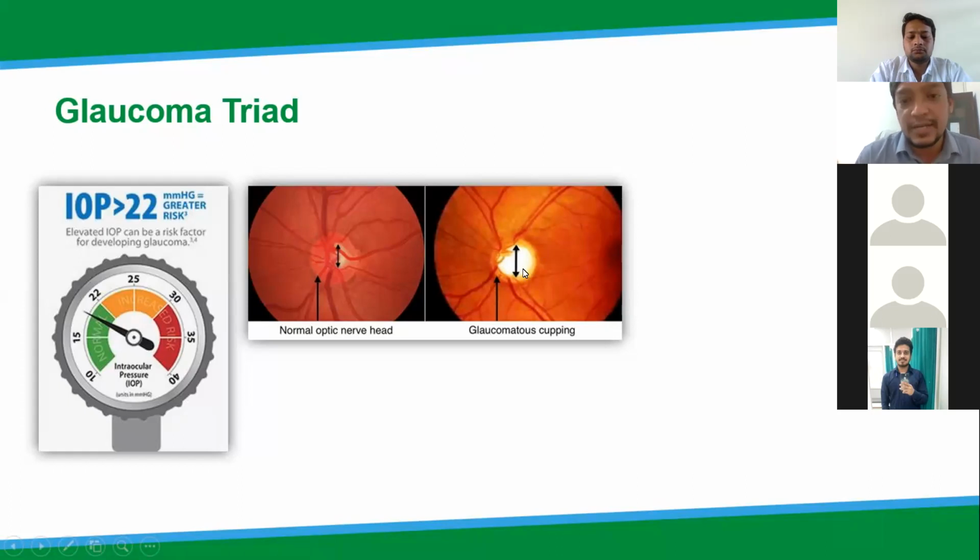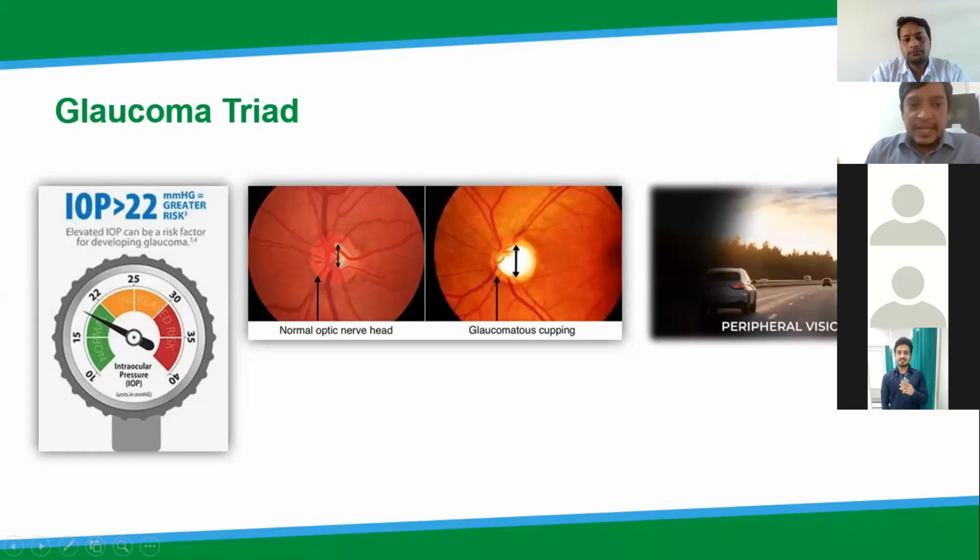By seeing a cup. If you compare this picture with the left one, the cupping is increased and the disc is very little. This cupping increases because the nerve cells are dying because of the increased intraocular pressure.